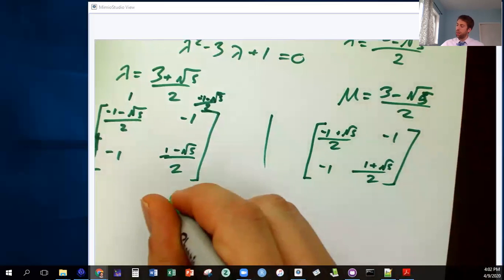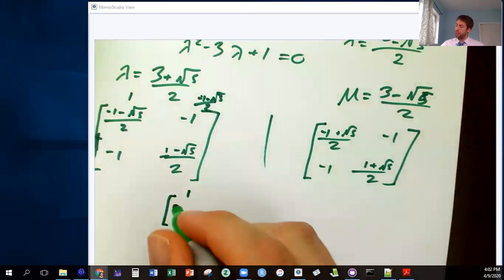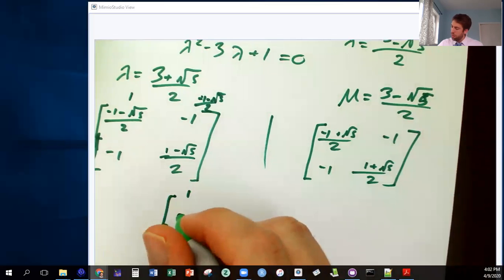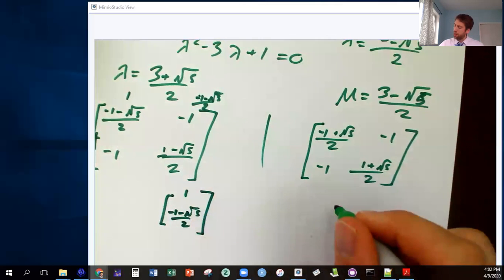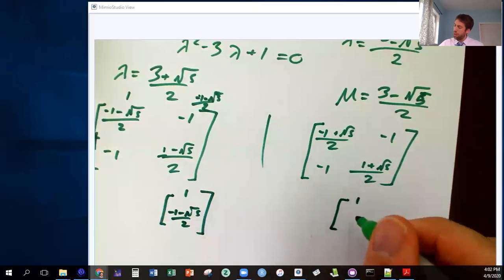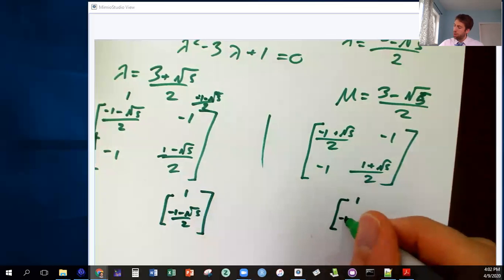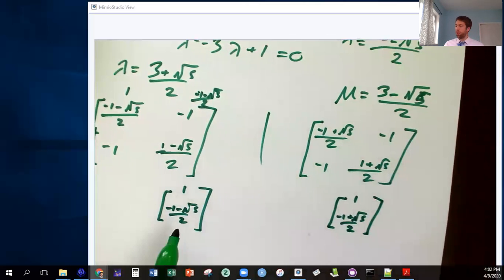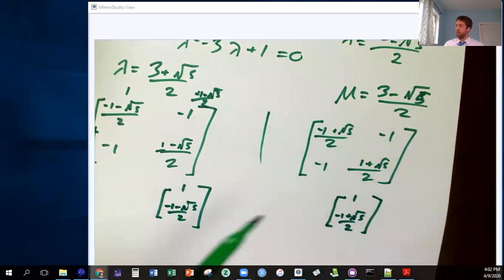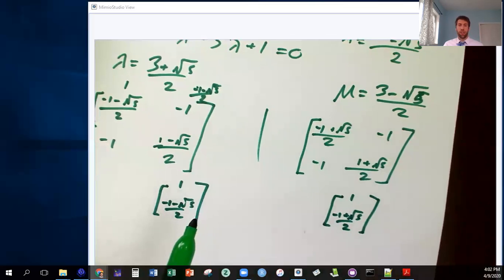So the vector here is 1, and then -1 minus square root of 5 over 2. And the eigenvector here would be 1, and then -1 plus square root of 5 over 2. All right, it's not an accident that these are both kind of the conjugates of each other. They're just the same except for positive and negative square root of 5.